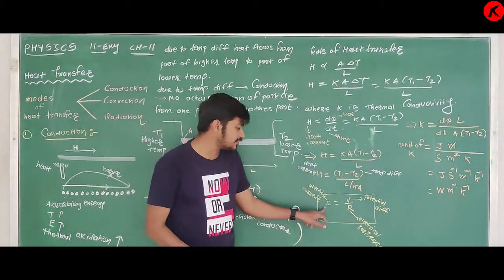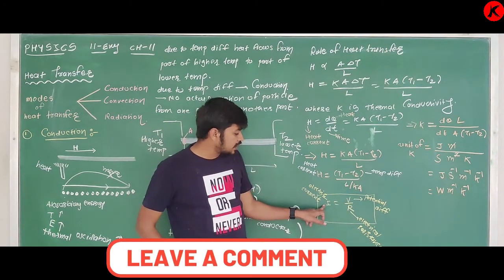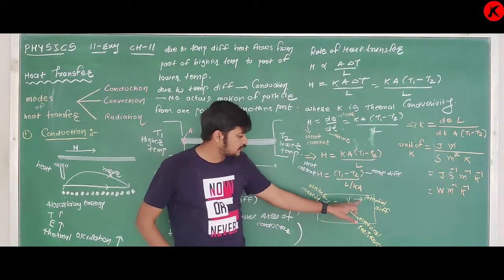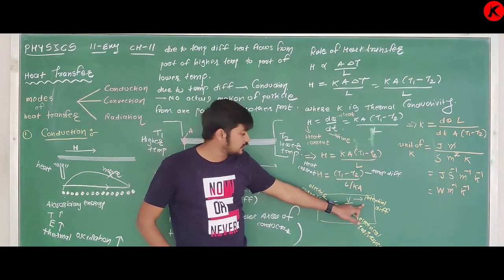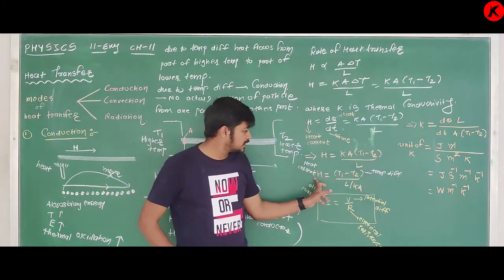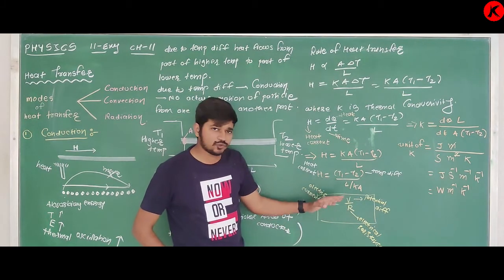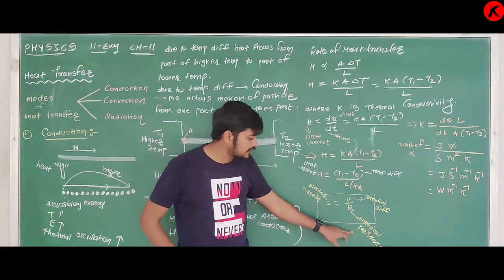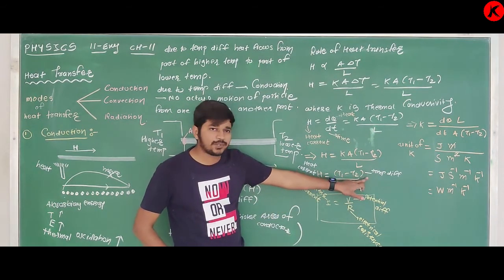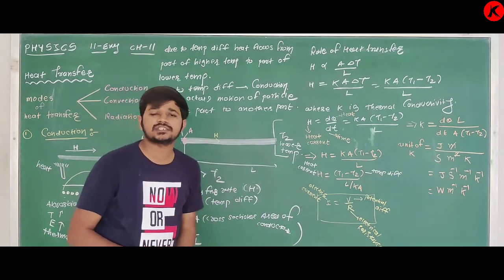You know the condition for flow of electric current: electric current is flowing due to potential difference. Similarly, heat current is due to temperature difference. So if we compare these two equations, R is electrical resistance, and for heat current, which is due to temperature difference, L upon KA represents thermal resistance.